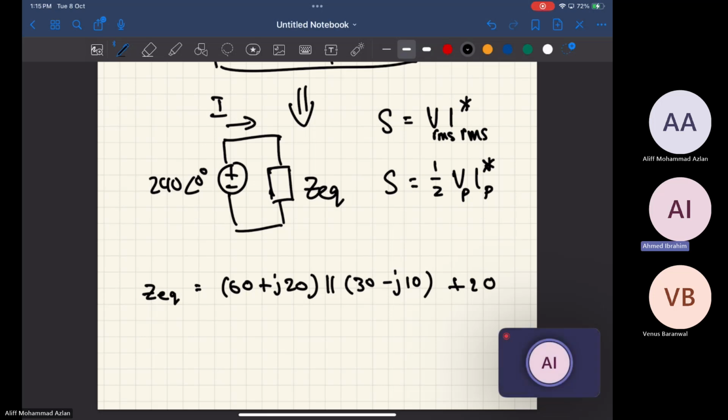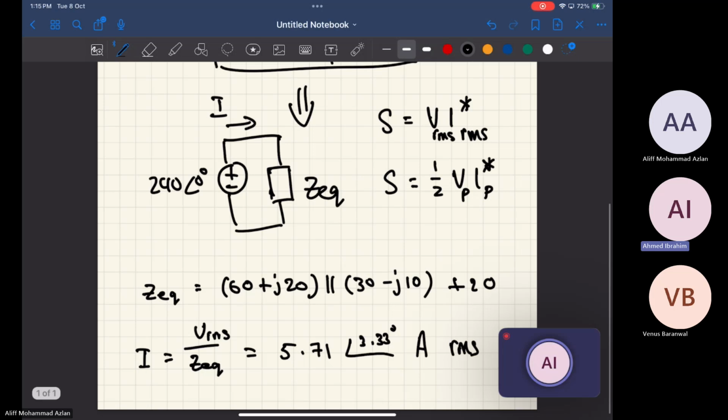And then whatever that gives us, we are just going to do I equals V over Z equivalent. And that should give us 5.71 with an angle of 3.33 degrees amps. And this is in RMS because V is in RMS. So this V here is the 240 volts.